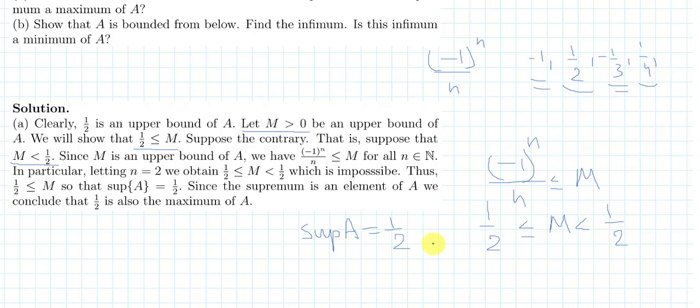And since the supremum is an element of A, we conclude that 1 over 2 is also the maximum of A. Because 1 over 2 belongs to our set, it will also be the maximum.